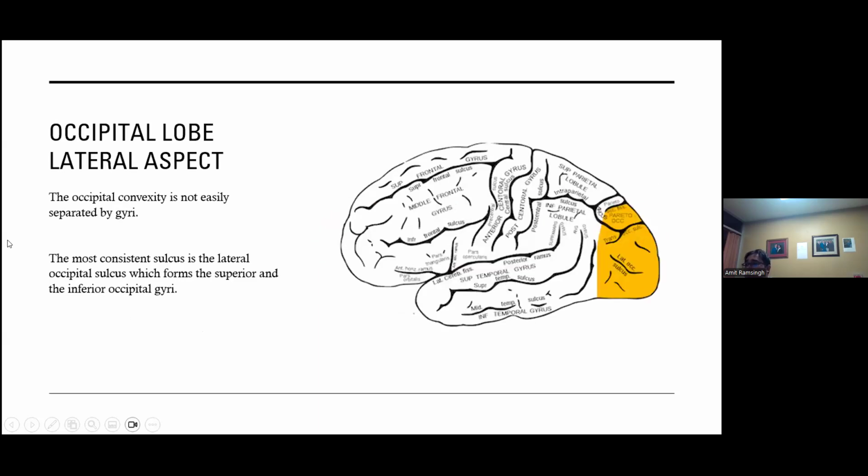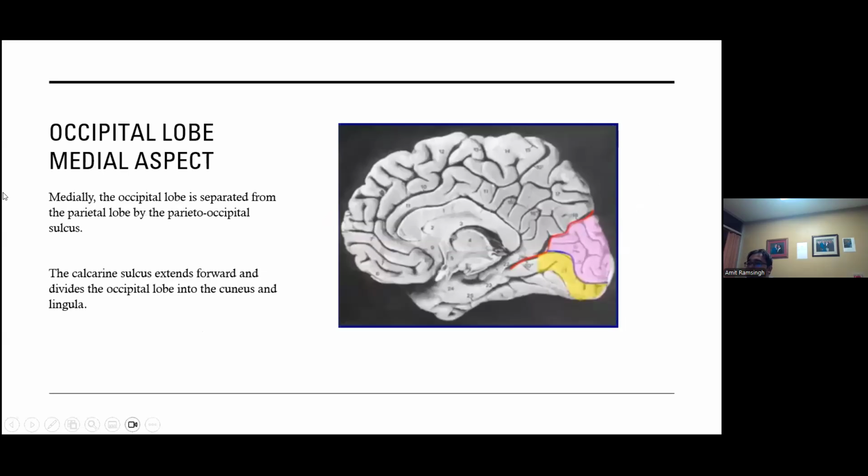In terms of the occipital lobe, the lateral aspect, unlike the temporal, frontal, and parietal lobes, is not as easily separated by gyri, but the most consistent sulcus is the lateral occipital sulcus, which divides or forms the superior and inferior occipital gyri.